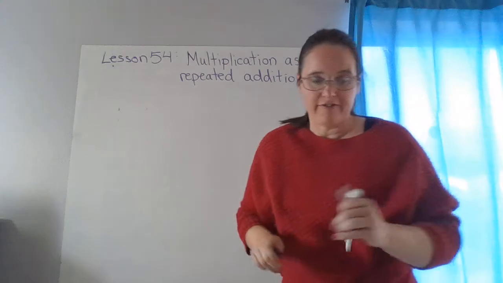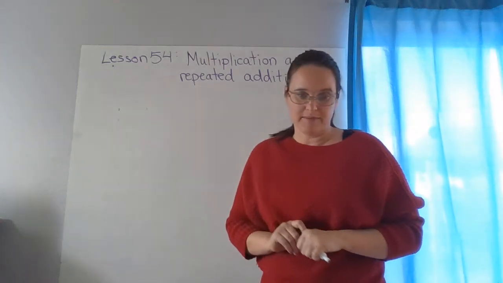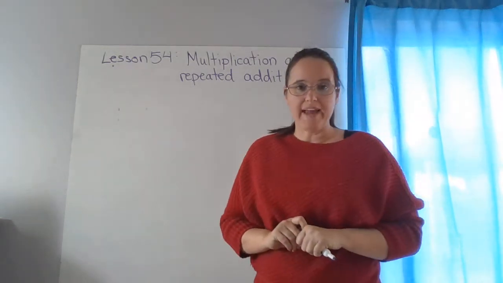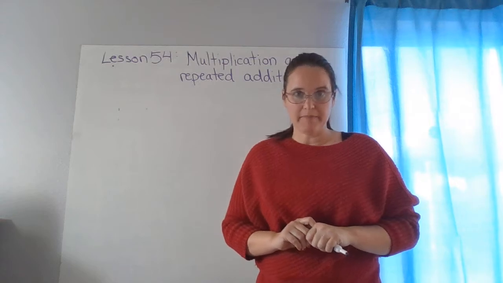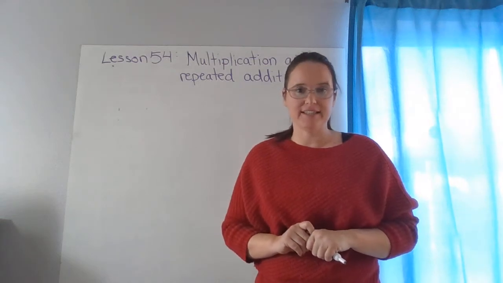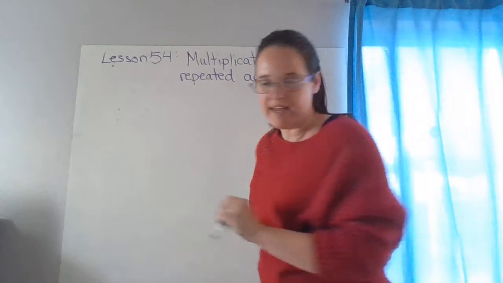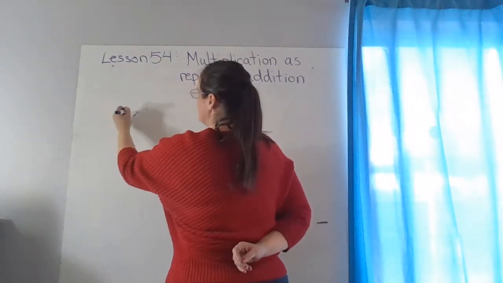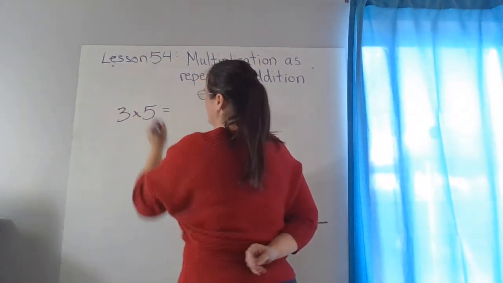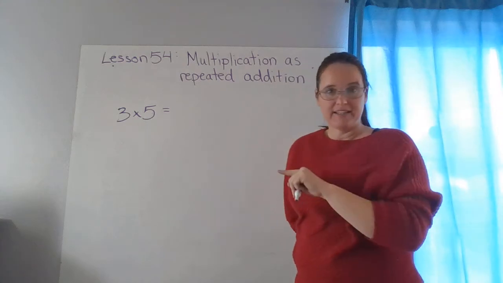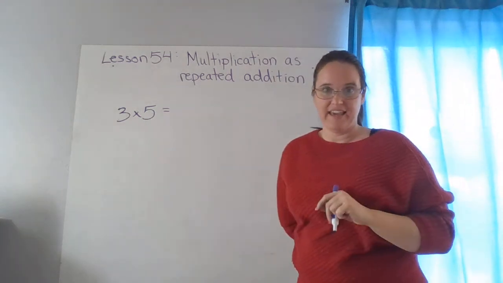All right, for these first problems, you are going to write each multiplication problem as a repeated addition problem. So the first one is 3 times 5. You're going to write it as a repeated addition problem and then find the answer.